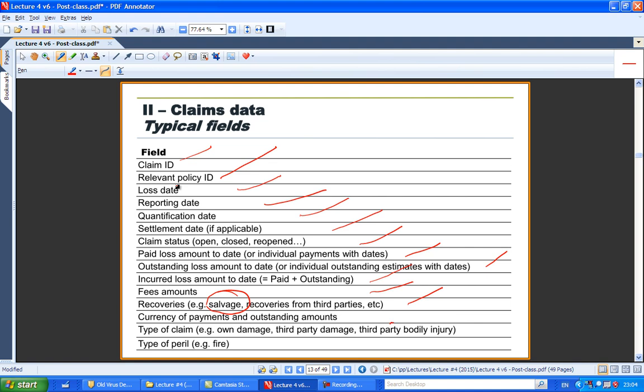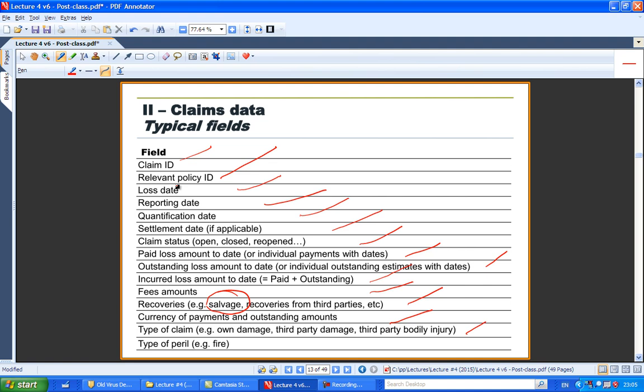And then other information like currency, payments and outstanding amounts, the type of claim, whether it's a bodily injury or third-party damage or own damage. You see, there's many different types of claims that can be covered.